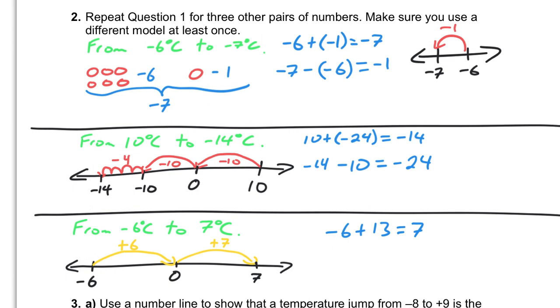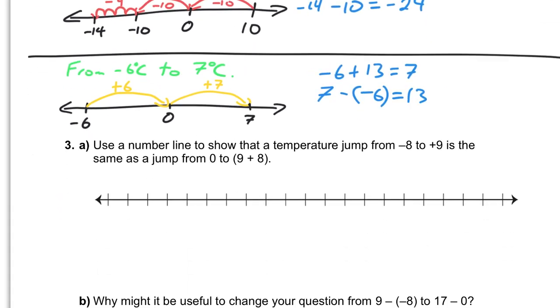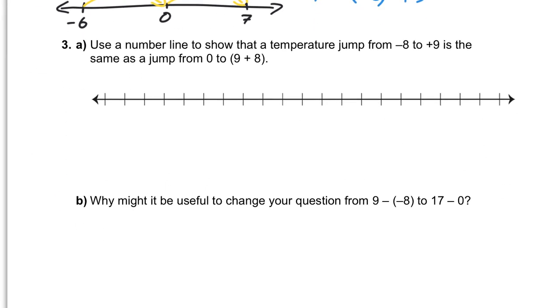Well, basically it's saying, how far is it from -6 to 7? From -6 to 7, I had to go 13 in total. That's my subtraction equation.